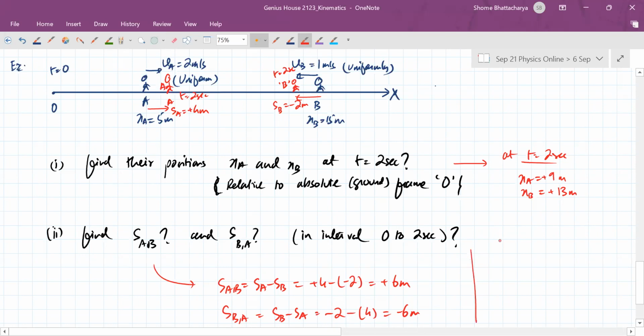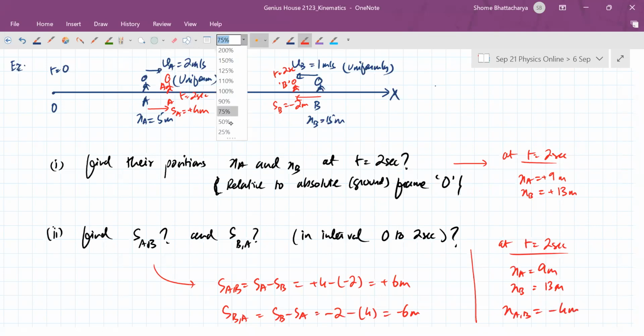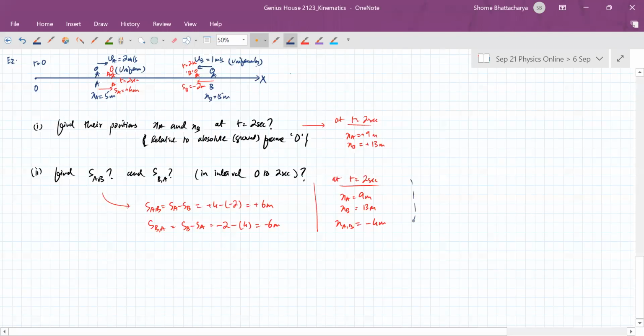Or you can see that at t equal to 2 seconds, the position of A is equal to 9 meters. The position of B is equal to 13 meters. So the position of A with respect to B is how much? It is minus 4 meters. Okay. Whereas at t equal to 0, position of A was 5 meters, position of B was 15 meters. So the position of A with respect to B was minus 10 meters.